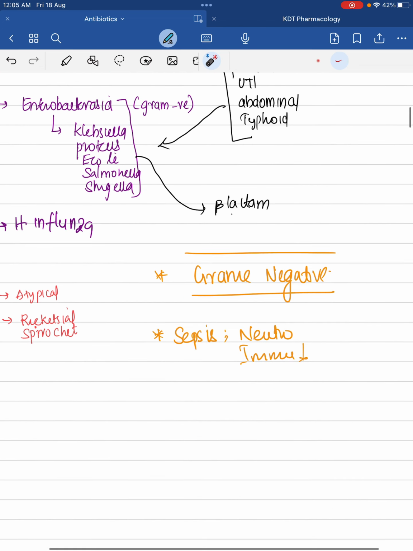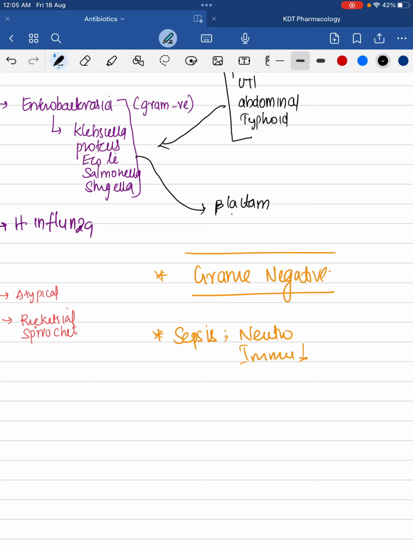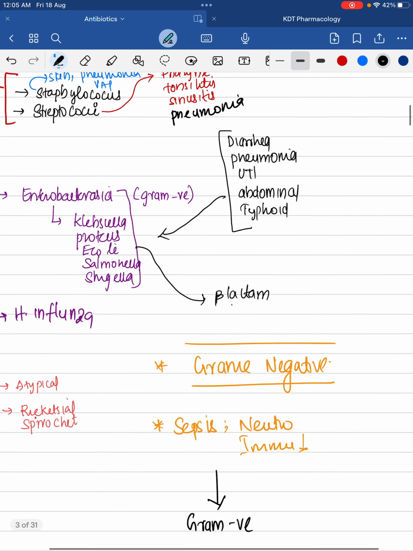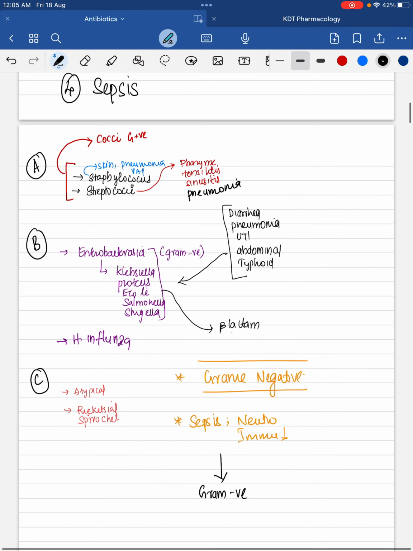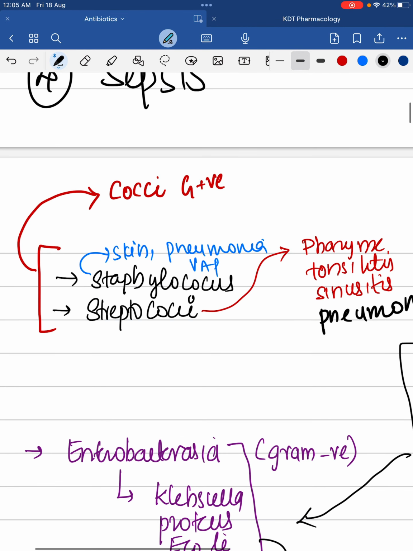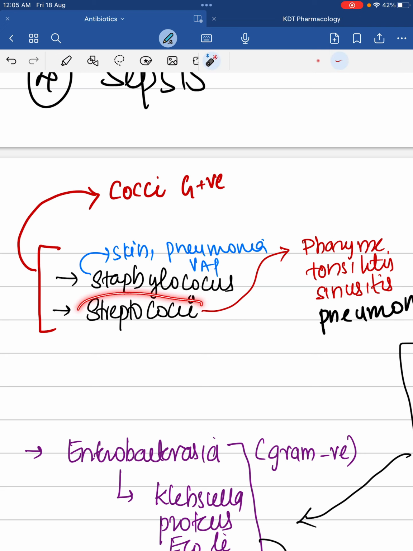So what we understood from here is that whenever we choose an antibiotic, it should have some gram negative coverage. Only a few exceptions are present for this. For example, upper respiratory tract infection is mainly caused by Streptococcus.